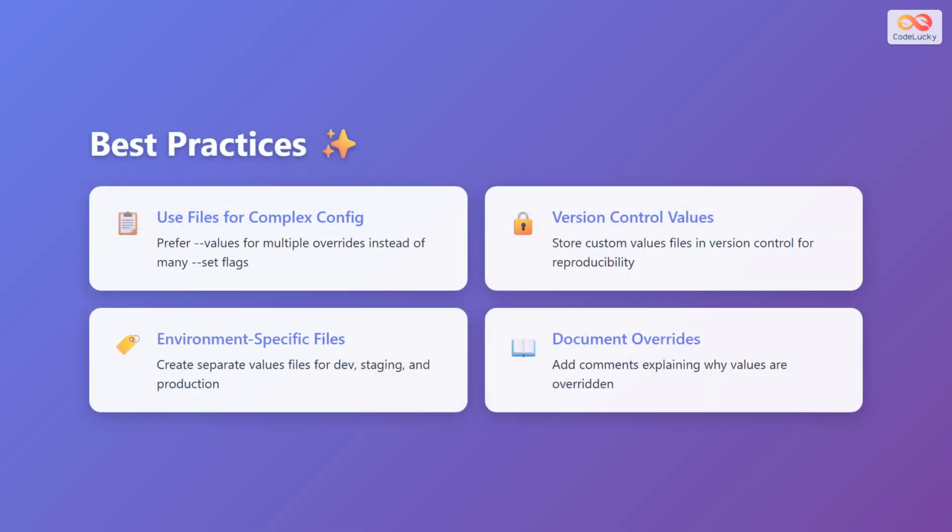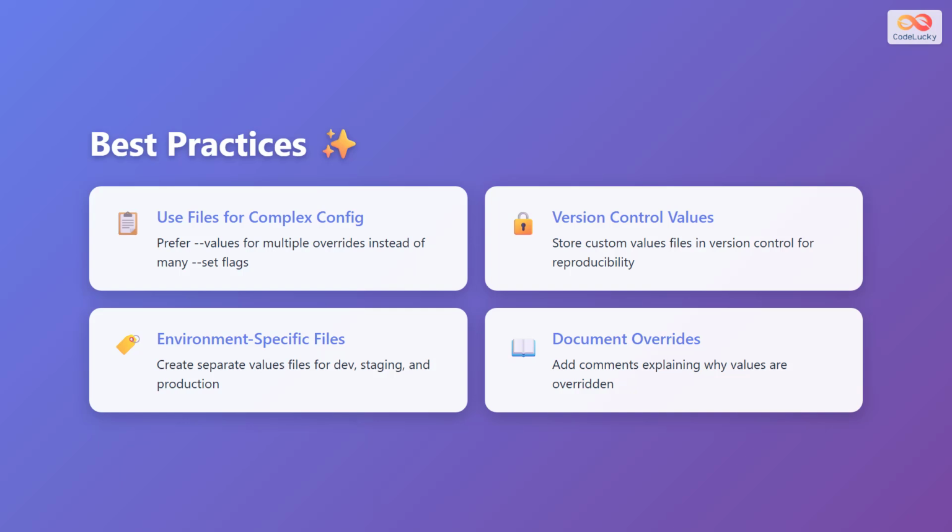Following best practices ensures maintainable and secure Helm deployments. First, use values files for complex configurations rather than multiple --set flags, as files are easier to read and maintain. Second, always store your custom values files in version control systems like Git for reproducibility and audit trails.